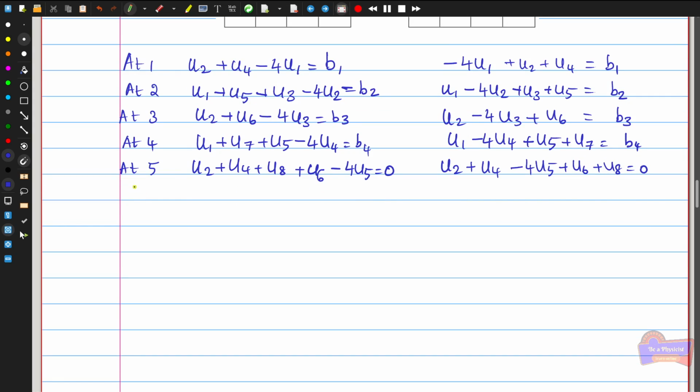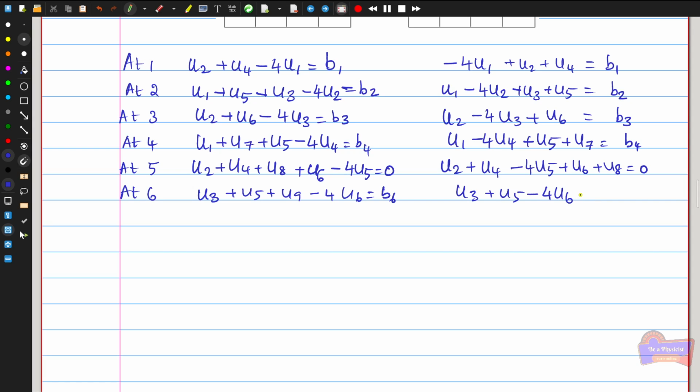So I can just quickly write it. At 6 we have u3 plus u5 plus u9 minus 4 times u6, which is equal to boundary 6, which can be written as u3 plus u5 minus 4 times u6 plus u9, which is equal to the 6th boundary.